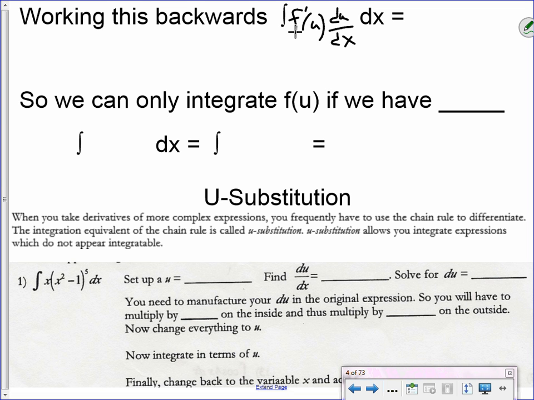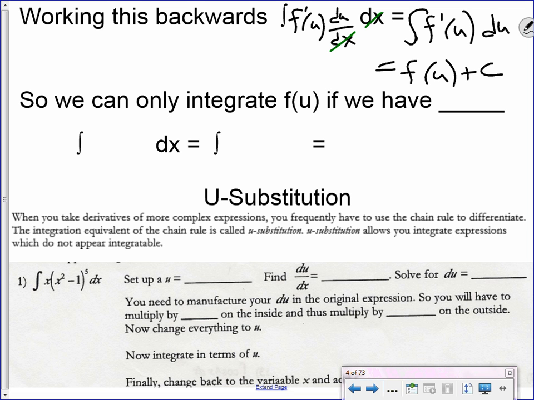I have f prime of u times du/dx times dx. What cancels? Yeah, what you're going to see is just the antiderivative of f prime of u du. Just realize when you see a du there, that's really the derivative times dx. What should I get then if I'm working this backwards? Well, remember we said, it's just going to be f of u plus c.